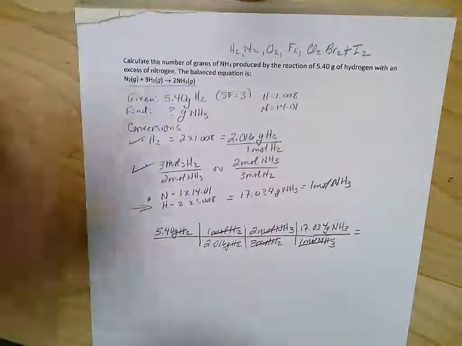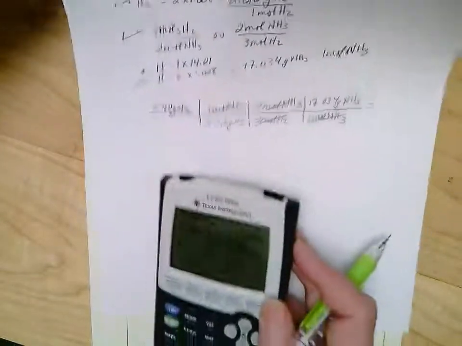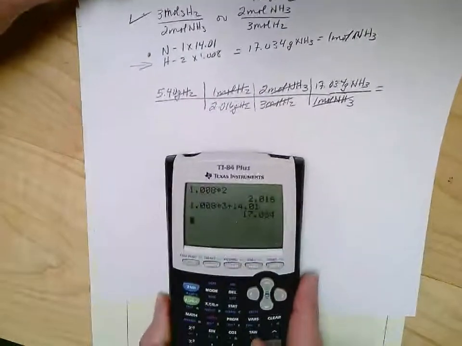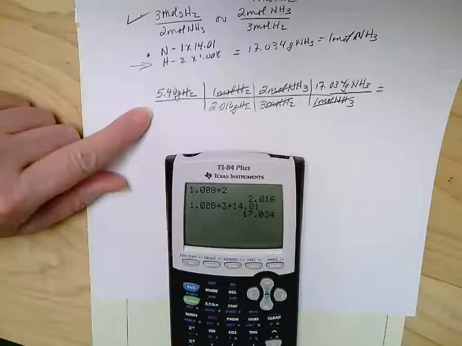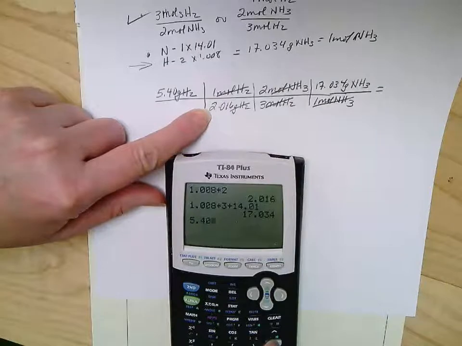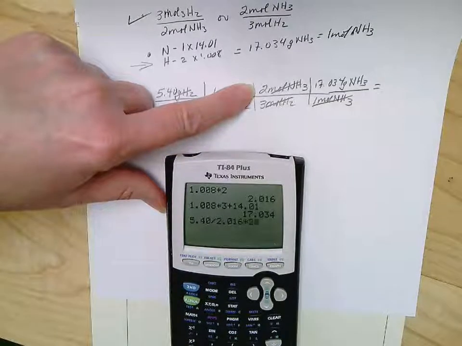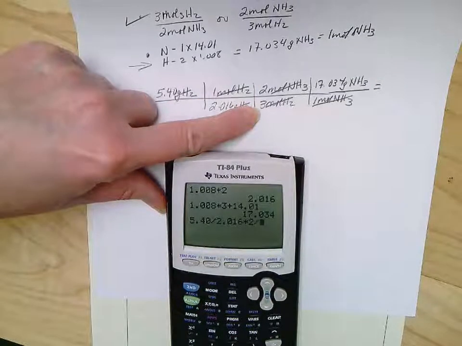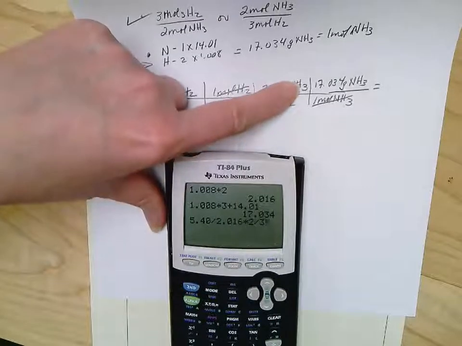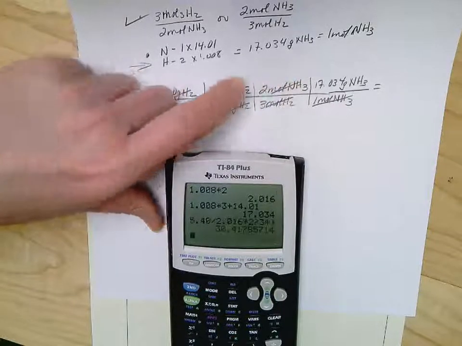I'm going to pull this up so you can see both the problem and what I'm doing in the calculator. I'm going to start with 5.40. Since this is in the denominator, I'm going to hit divide by 2.016. I'm going to hit times 2, divide by 3, and then I'm going to hit times 17.034 equals.